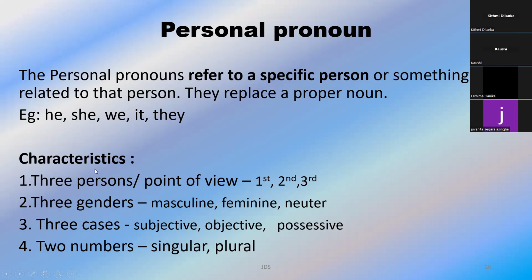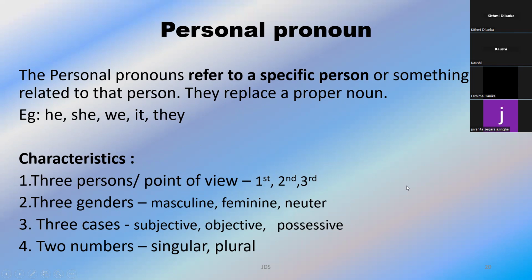These personal pronouns have the following features, the characteristics. They will correspond to 3 points of view, 3 persons: first person, second person, and third person point of view. 3 genders: they will either refer to masculine gender, feminine gender, or else neuter gender.